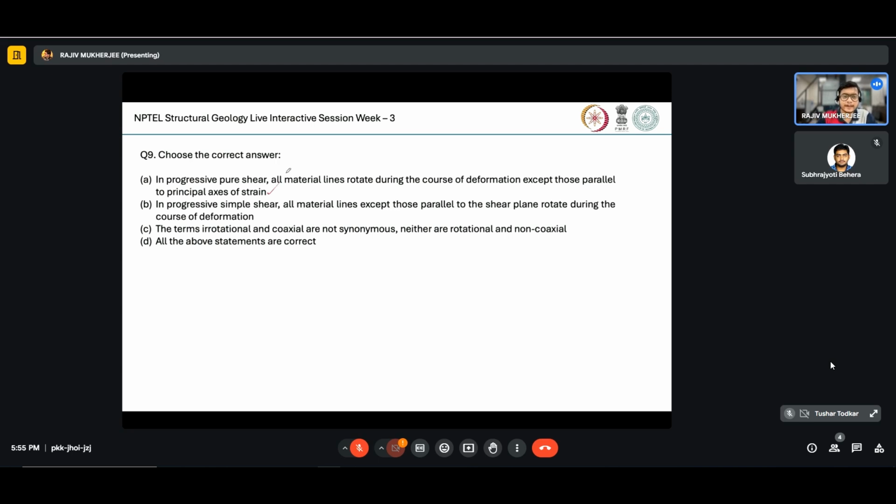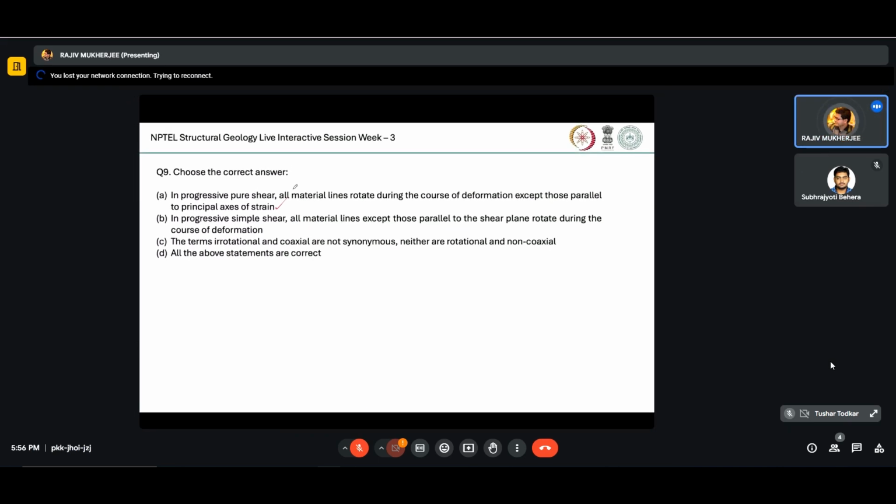Option B says that in progressive simple shear, all material lines except those parallel to the shear plane rotate during the course of deformation.